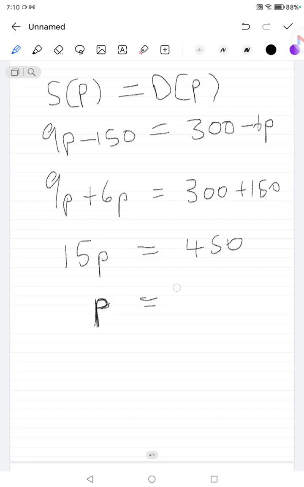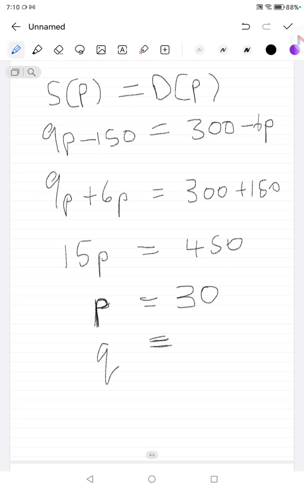It's 30. Yeah. You have your 30, then you check that you can input your 30 into any of these formulas to find your Q. What would be your Q?